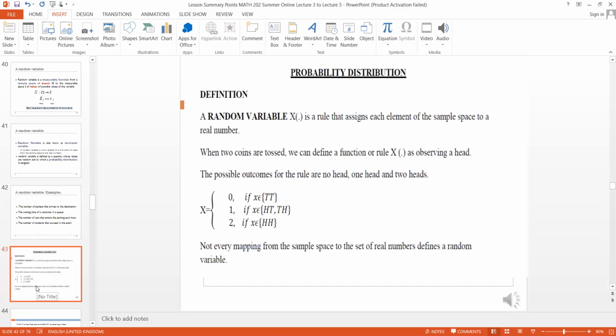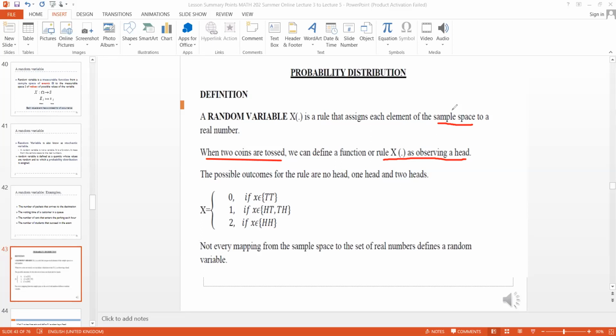So we are saying that if we toss two coins, and we define the random variable or the random function as observing the head, then per our definition, we said it assigns to each element in the sample space a real number value.